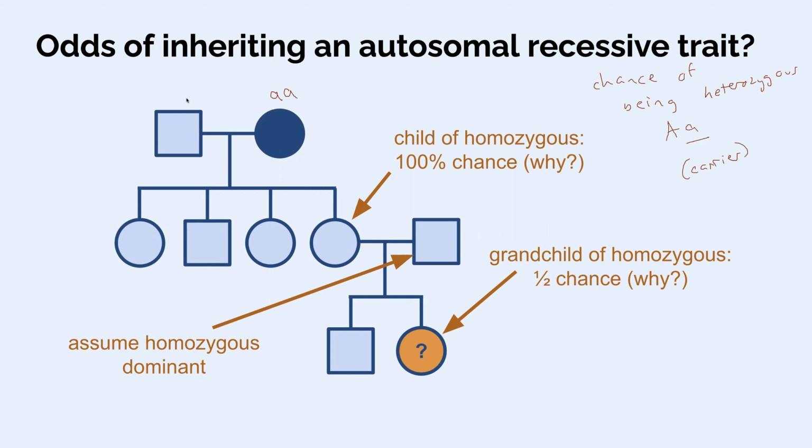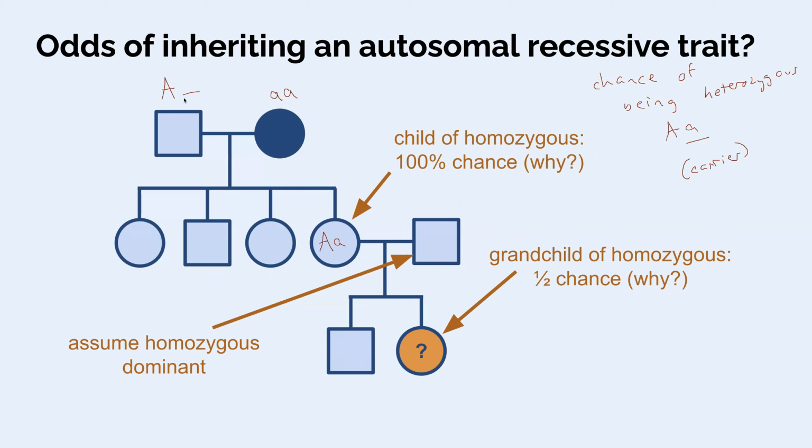Of this cross, we don't know fully the genotype of this individual, but we know if they're not showing the trait that they're not homozygous recessive. So everybody in this generation, as long as they're not showing the trait, they are heterozygous, right? They had to get a little a from mom, and they've got a big A from dad, so that they're covering that.